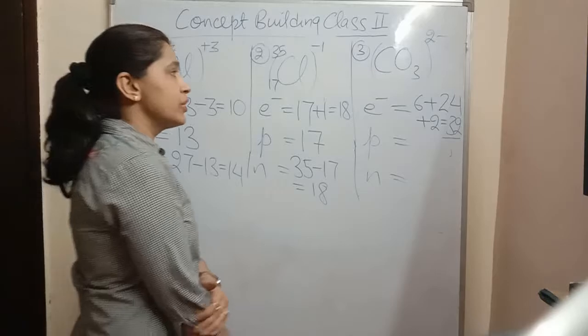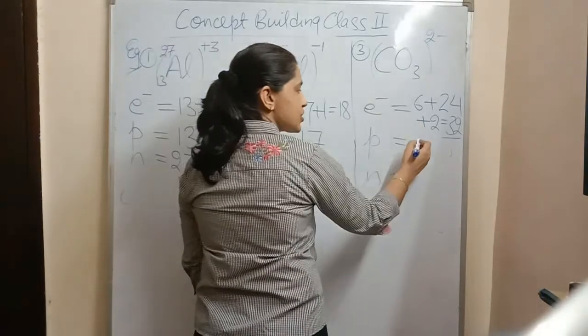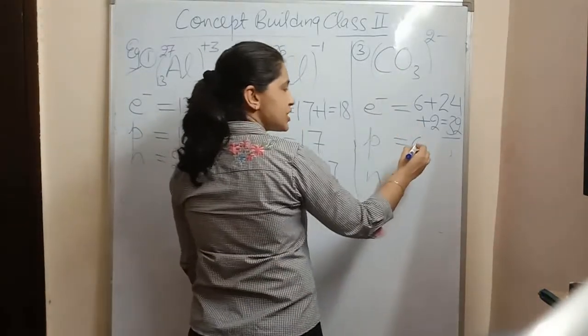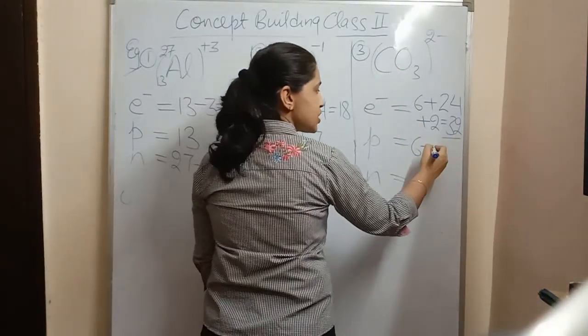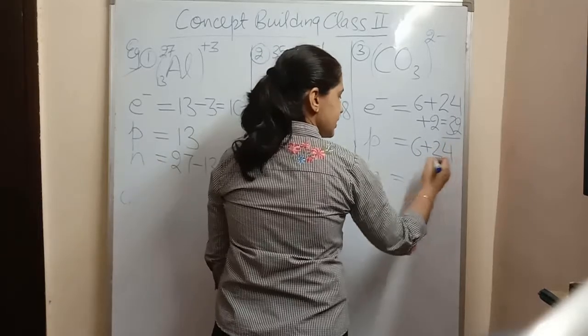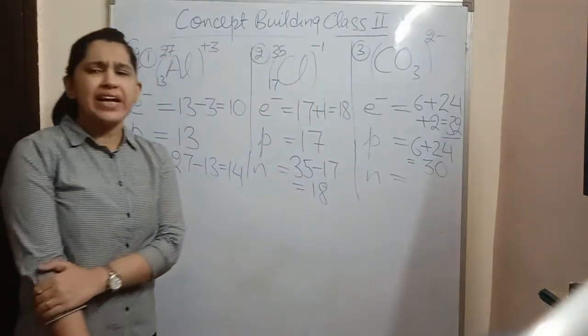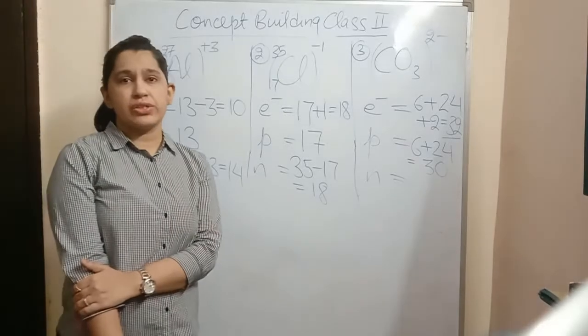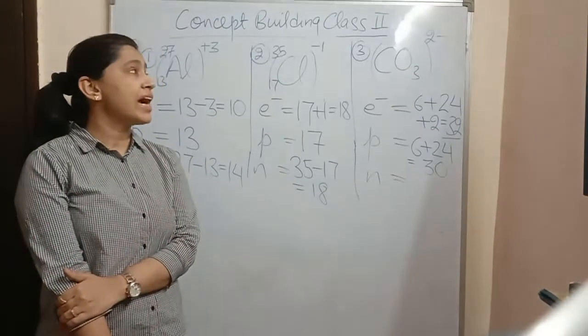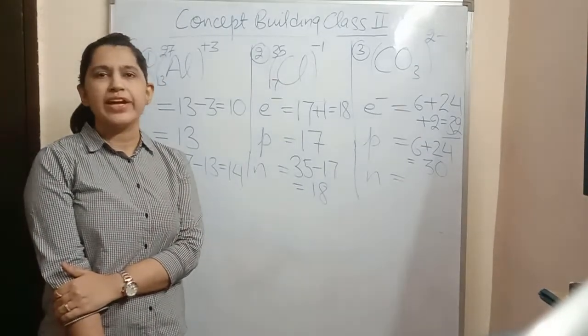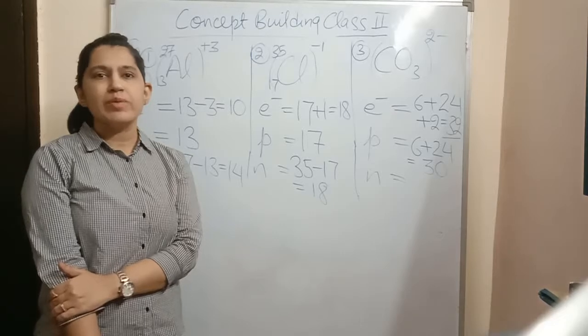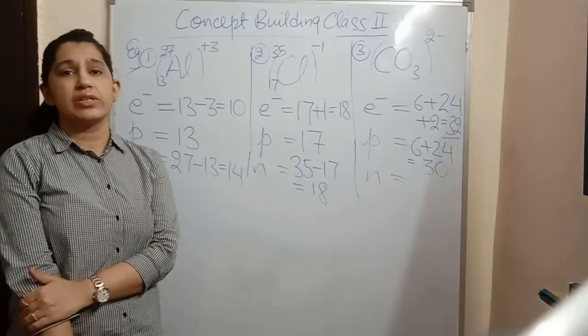Protons. Carbon 6. 3 oxygens each with 8 protons. So 24 plus 6. That is simply 30. And the third one is neutrons. How did we get neutrons? Carbon mass number 12, atomic number 6. 12 minus 6 is 6.